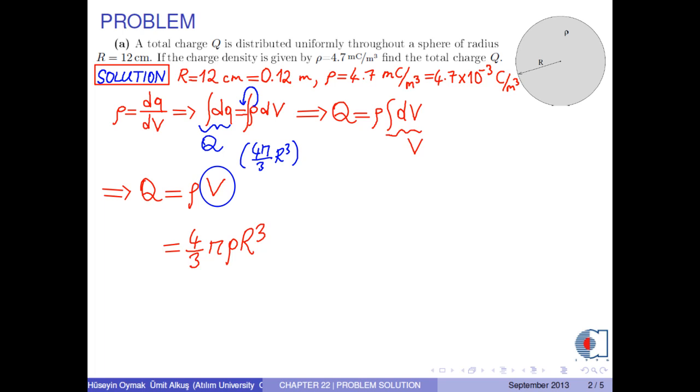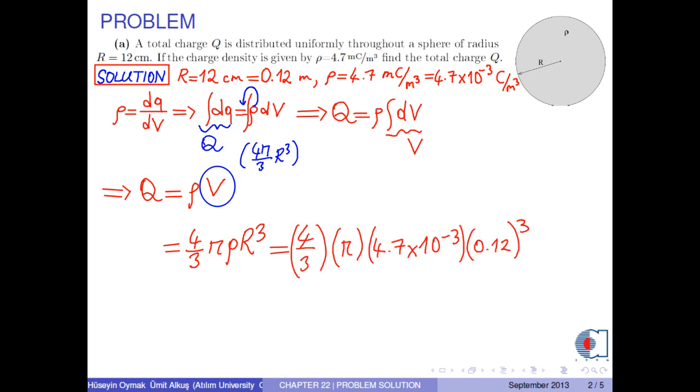Now we substitute the numerical values into this formula. As a result, we obtain the total charge as approximately 3.40 times 10 to negative 5 coulombs, or 34 microcoulombs.